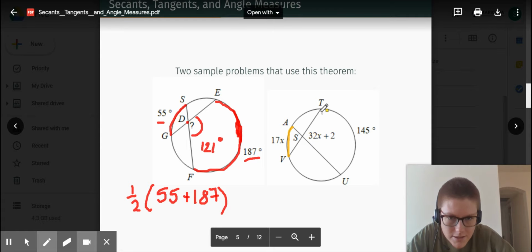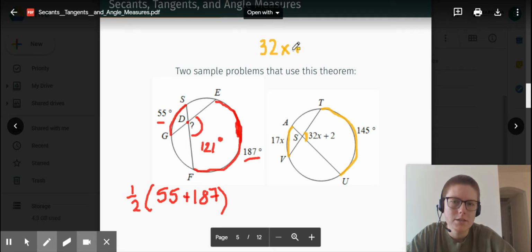We're given this arc and this one, and we need to find this angle. We're going to set up an equation. 32x plus 2 equals, and since that's the angle, it's 1/2 the sum of the arc measures.